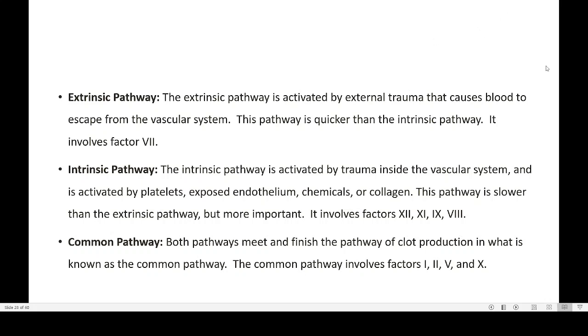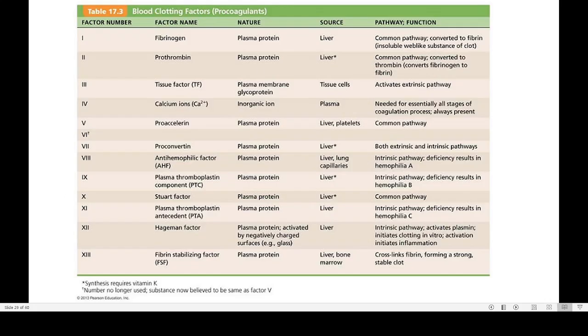Then here you can see that four factors are involved: 12, 11, 9 and 8. I will tell you the names. 12 is the Hageman factor. 11 is plasma thromboplastin antecedent. Then 9 means plasma thromboplastin component.